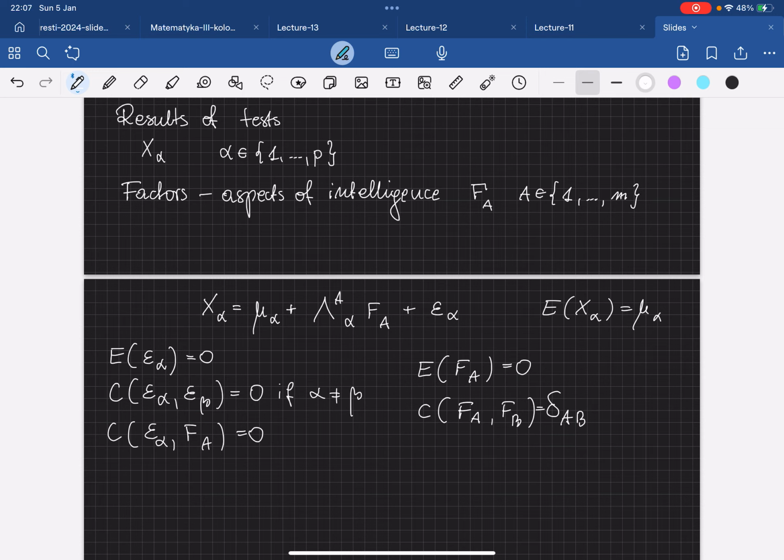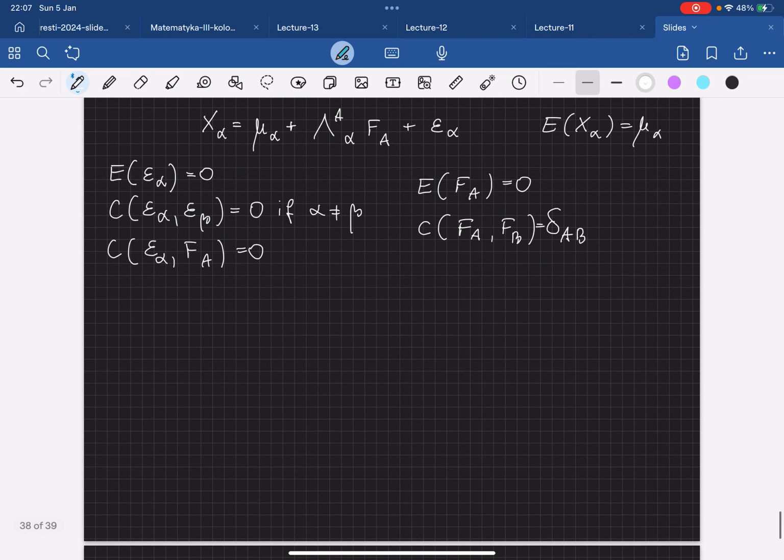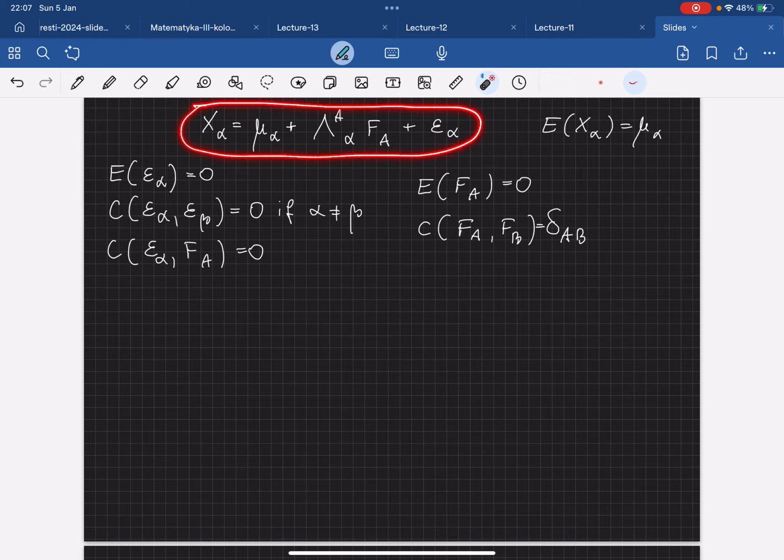Okay, so to see really what's what, let us write this model in a matrix form.